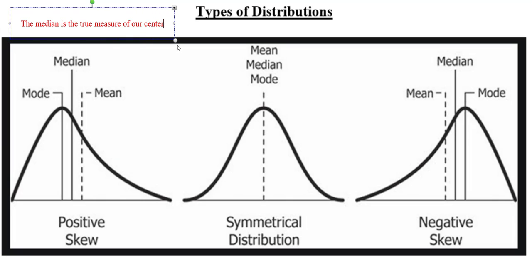What this means is that sometimes, and we learned this in the previous lesson, certain values may change the average. And remember, the average is the mean. So when we look at our distribution, we have these 3 main types right here. We want to understand that the median is the true measure of our center, and you guys will see why here in a minute.